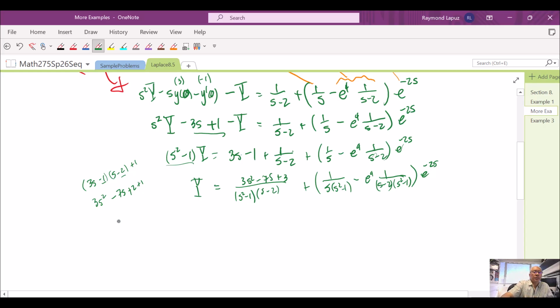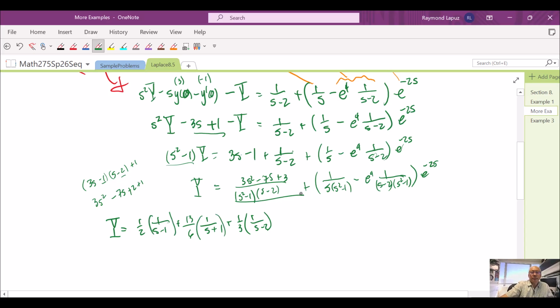With the use of Wolfram Alpha, I will be able to break this apart, and I think I have the answer. It's 1/2 times 1 over s minus 1 plus 13 over 6 times 1 over s plus 1 plus 1/3 times 1 over s minus 2.